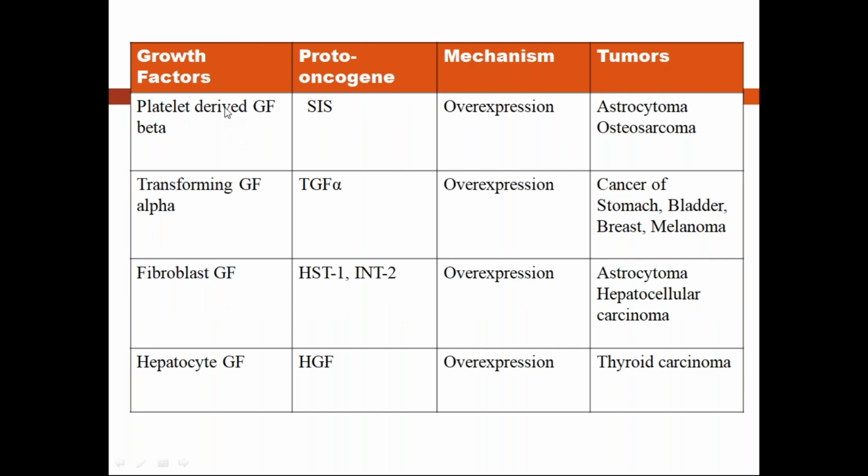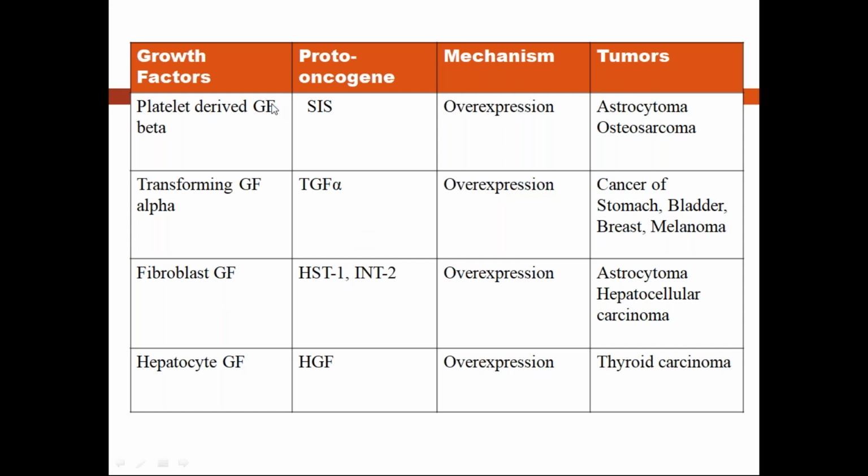You have these tables in Harrison as well as Robbins. A few examples you can study under these 5 categories. You need not remember the names of the proto-oncogenes. It's very difficult, even I can't remember. Only someone studying genetics, a PhD in genetics, can remember.